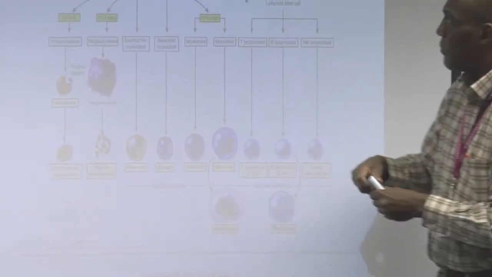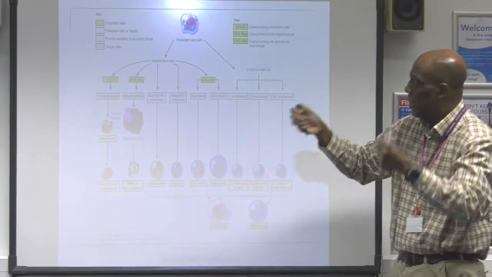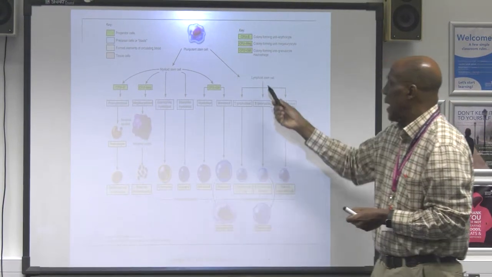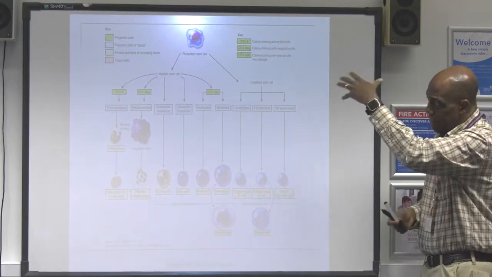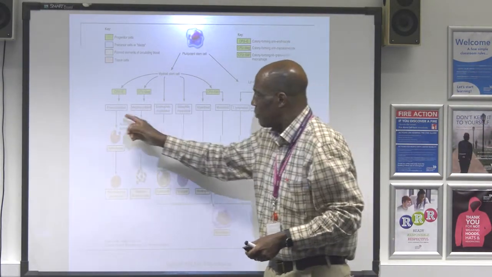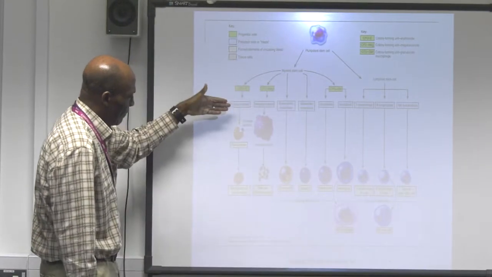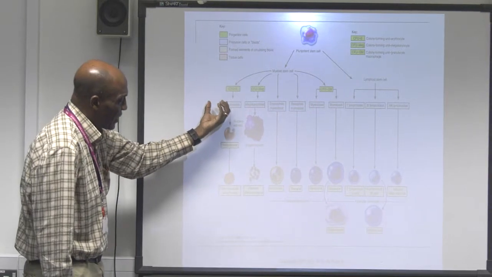So it starts from the pluripotent stem cells, and then it splits into what we call the myeloid cells and then the lymphoid cells. And then from the myeloid cells, we look at the red blood cell, it comes to a point where we call the erythroblast. And then the formation starts from there.